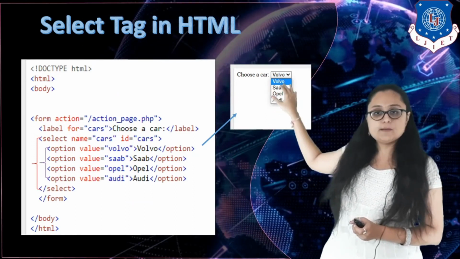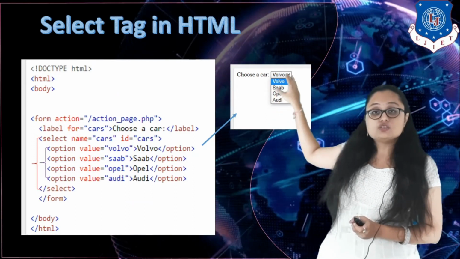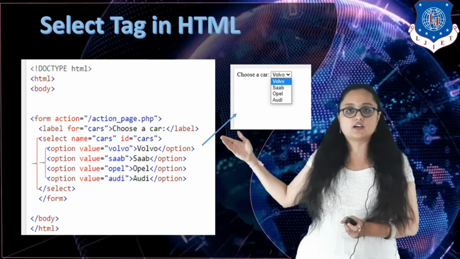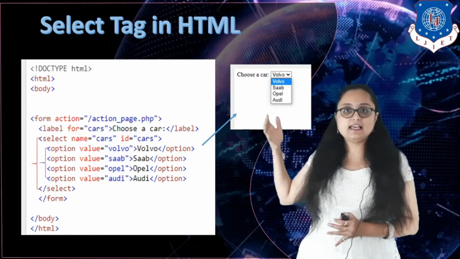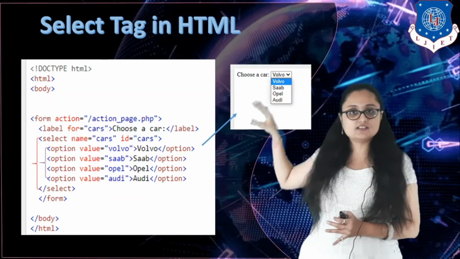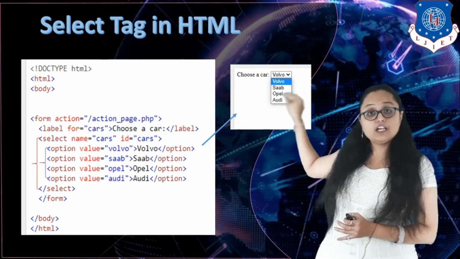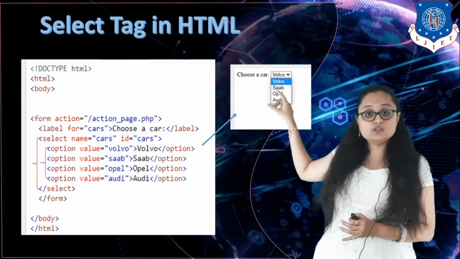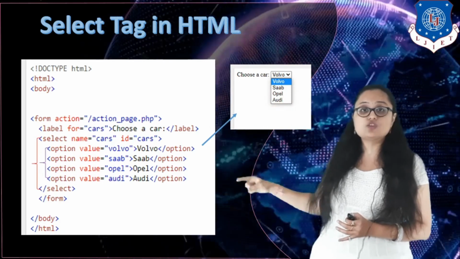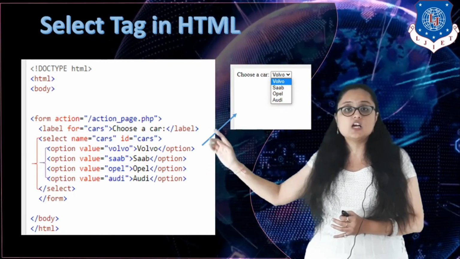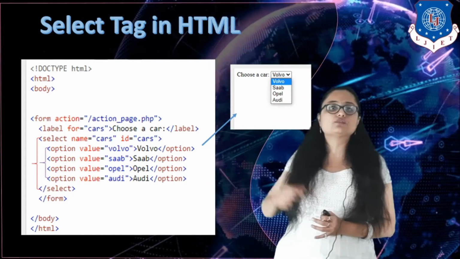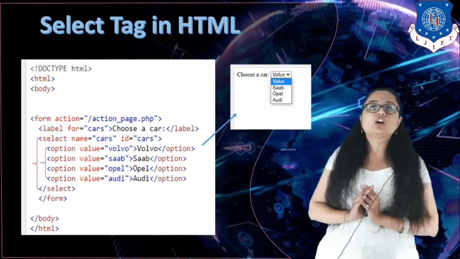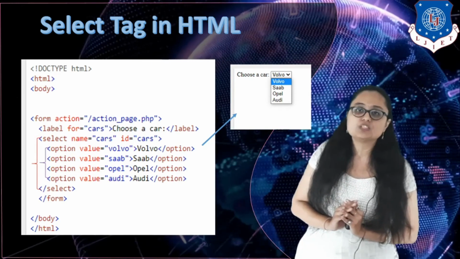Okay, so for example, I am selecting Volvo. So the thing that is displayed is basically written over here, in between the start tag and end tag. But if I click on Volvo and click on the submit button on the form, what is the value that is going to be submitted? That is not the value that you have written inside the start tag and end tag. That is the value of the value attribute. So it is very important to write the value attribute along with every option tag.